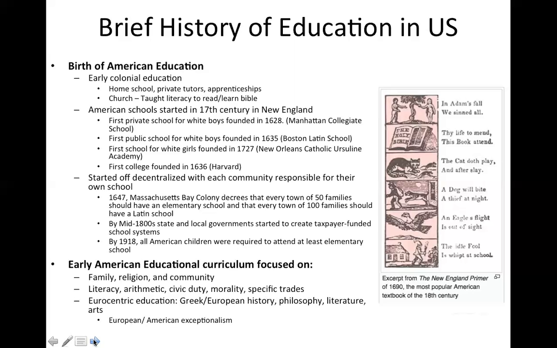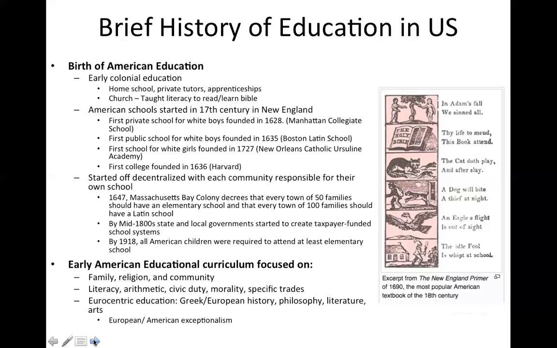So if you were one of the few people that did learn how to read and write, a lot of times that came from the church. There really wasn't any kind of formal schooling or educational institutions around education. It was mainly just individual efforts.